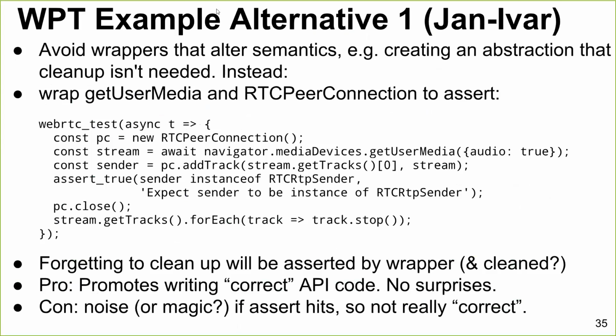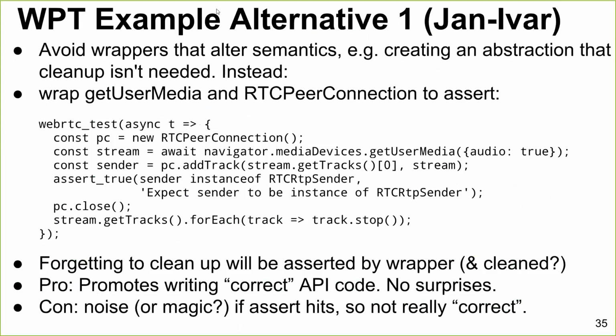So basically, here's the same test. You enforce that the test must call PC close and close the tracks itself. But the assert here would actually throw. So in the case where the assert happens, you're missing the close. So then, dealing with this in JavaScript, you could use try finally and all that stuff, but it's more boilerplate.